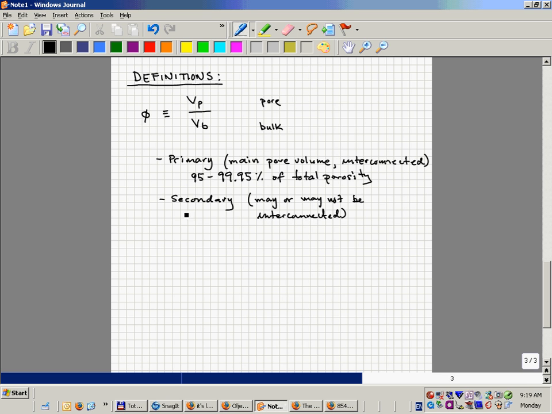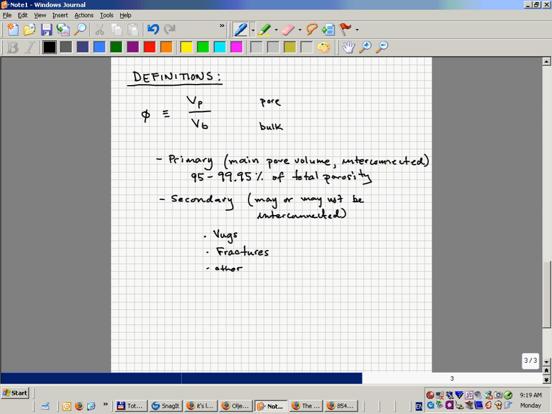Types of secondary porosity include vugs. These are simply like small caverns or holes. Fractures, probably the most common. I'm not going to get into it. Obviously, the main thing is the primary porosity.